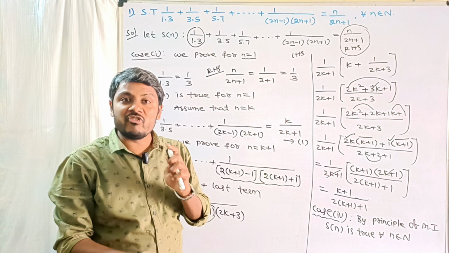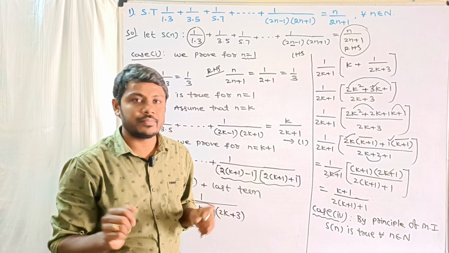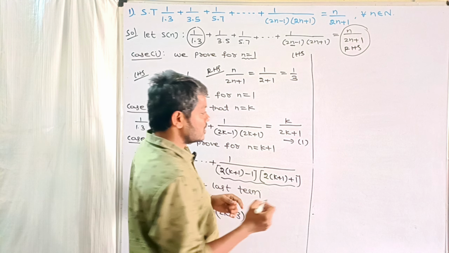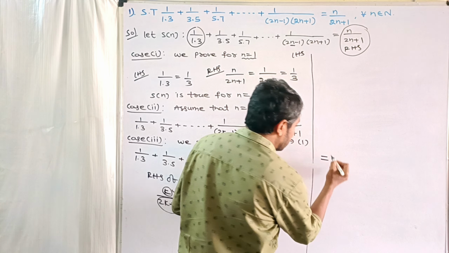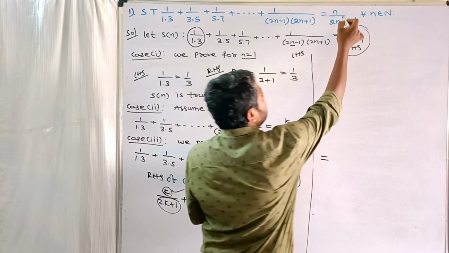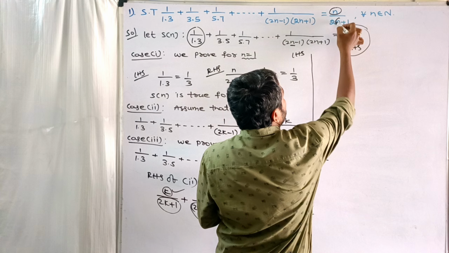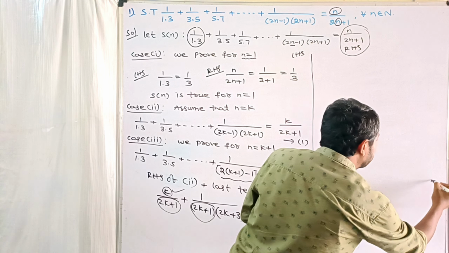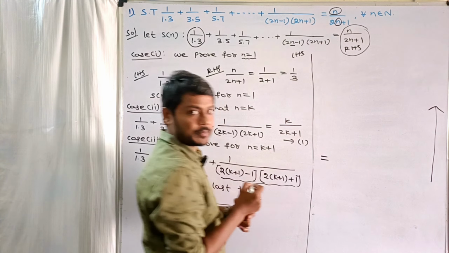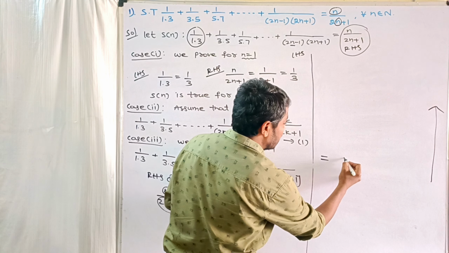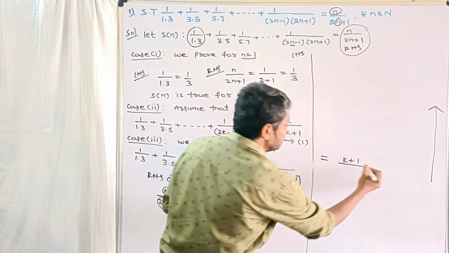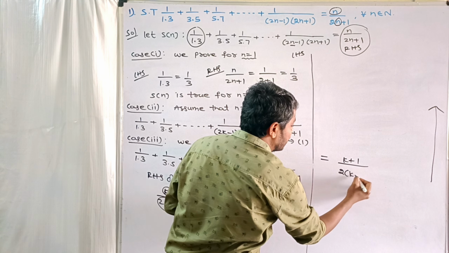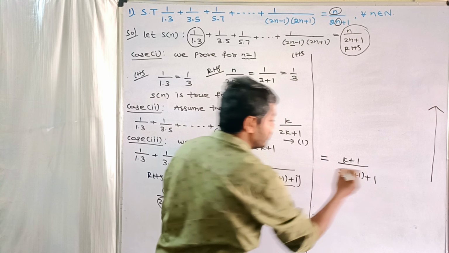Another method, that is the reverse method only. Okay, see that second method. So already you know what is the answer? In place of n, we have to write what? k plus 1. So we can do the reverse method. Clearly (k plus 1) by 2 times of n, that is 2 times of (k plus 1) plus 1.